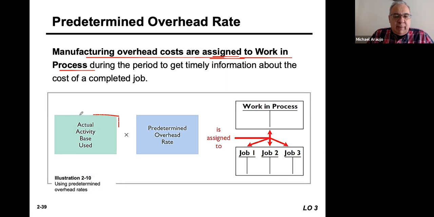We take whatever base of activity we are using to predict our overhead, multiply it by our predetermined overhead rate, and that'll give us the total amount of overhead costs that are going to go to work in process inventory. And then, just like all the other ones, those are assigned per job.